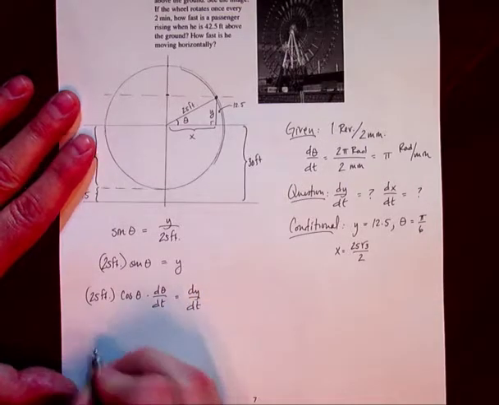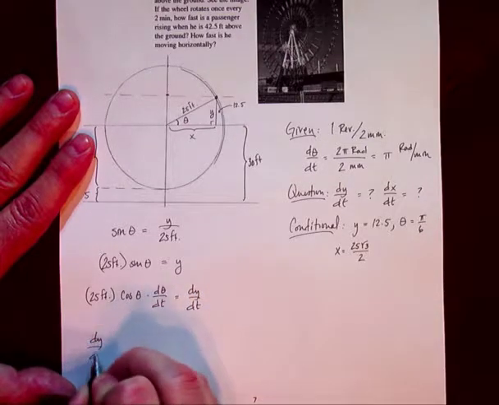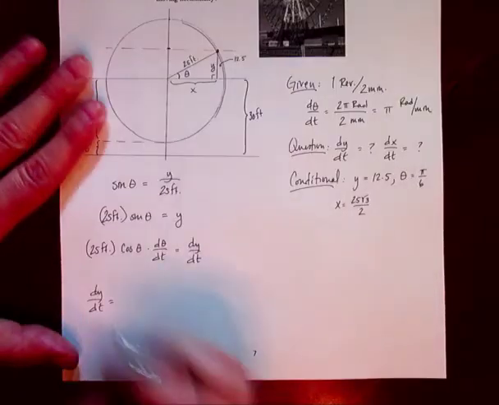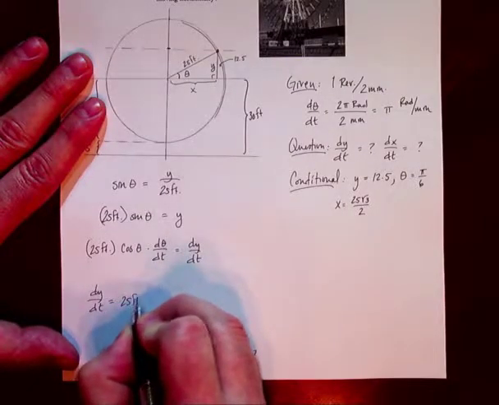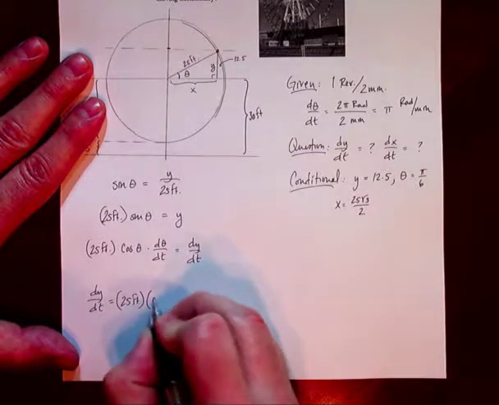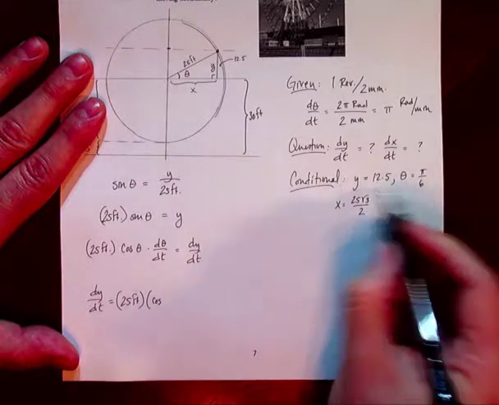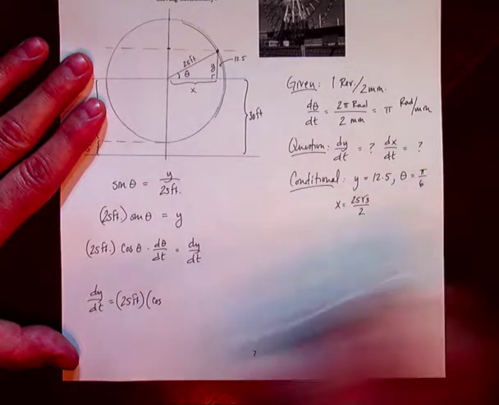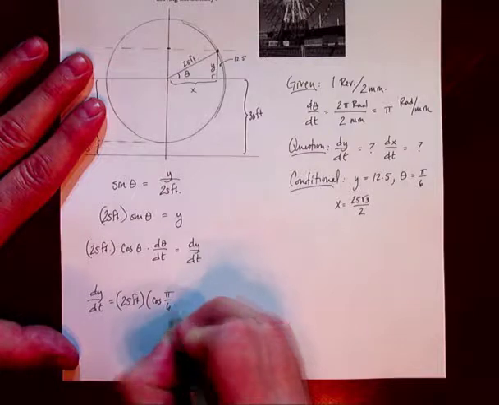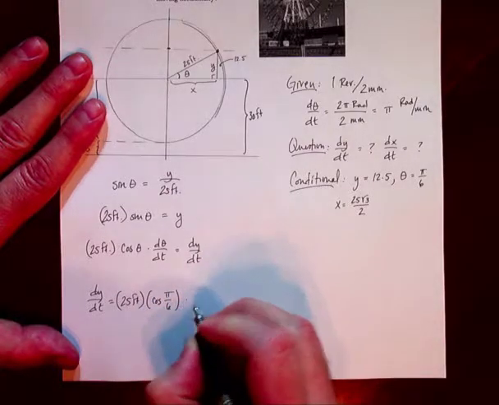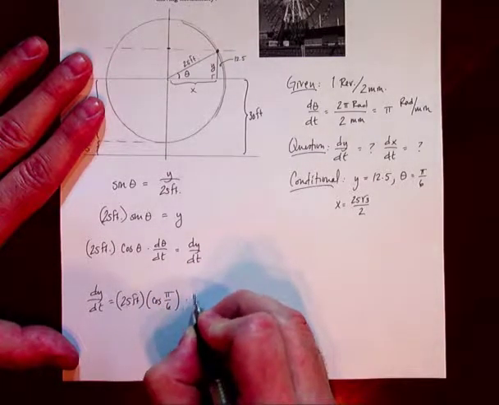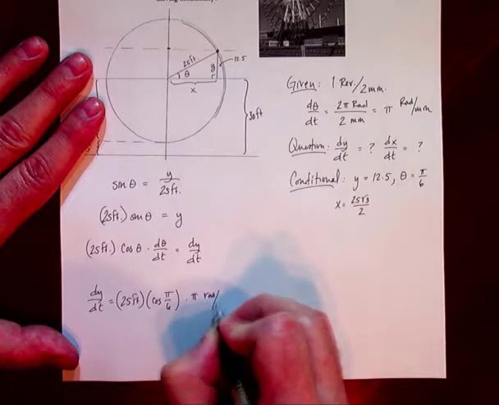Well, that makes it pretty easy. dy dt is then simply 25 feet times cosine, because at that moment theta is pi over 6, cosine of pi over 6 times d theta dt, which is pi radians per minute.